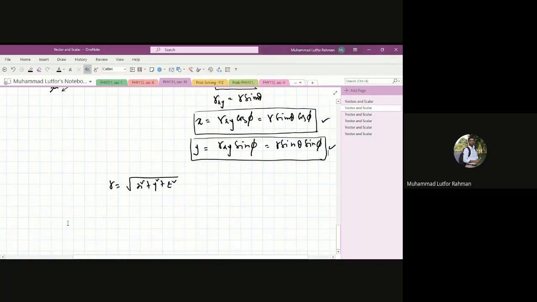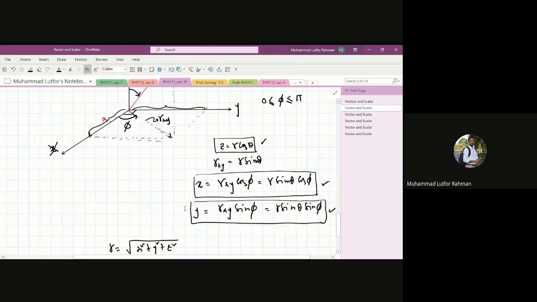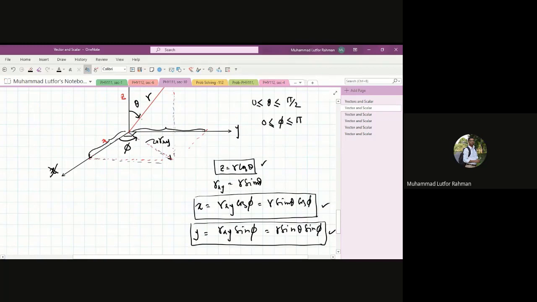And in that case, your theta would be tan inverse of rxy divided by z. I'm talking about the theta, this one.